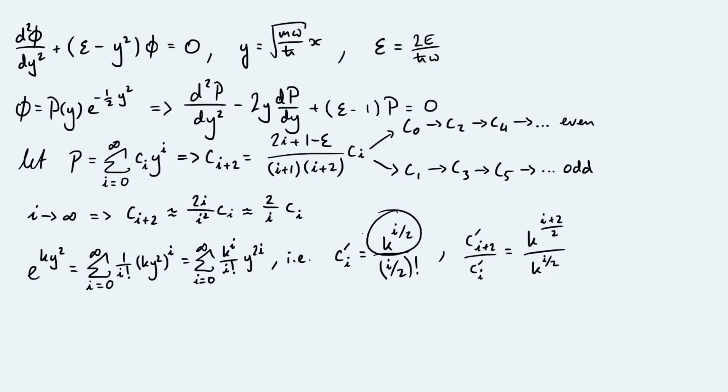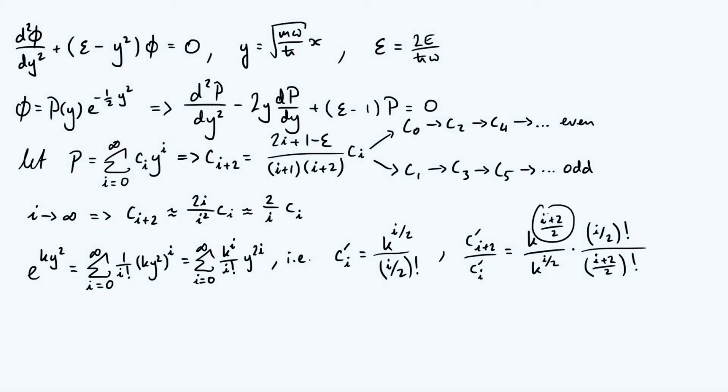So that's coming from the numerator of my ci dash there, and on the top we just replace the i with i plus 2. Then you're going to get a ratio of factorials, which is flipped upside down because the factorial is on the denominator of your coefficient. So you're going to get i over 2 factorial on the top, and you're going to get i plus 2 divided by 2 factorial on the bottom.